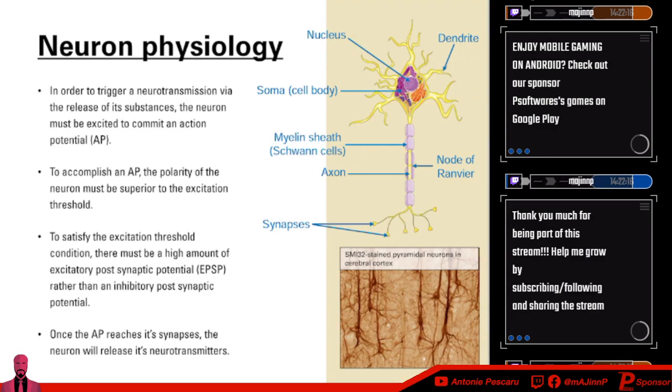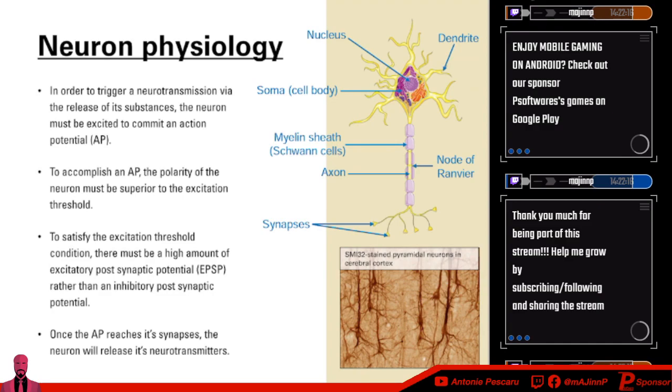That, like I said, from the supporting cells, they wrap around the axon part. They are created by the oligodendrocytes in the central nervous system, and from our Schwann cells. In this case, it's Schwann cells that is being shown in the drawing of the image, that are found in the peripheral nervous system.